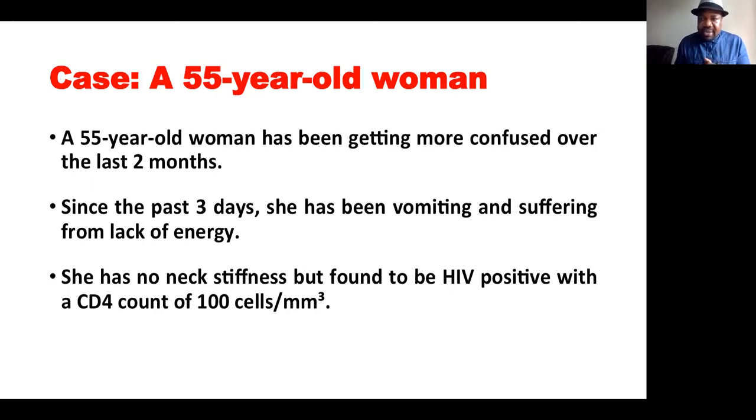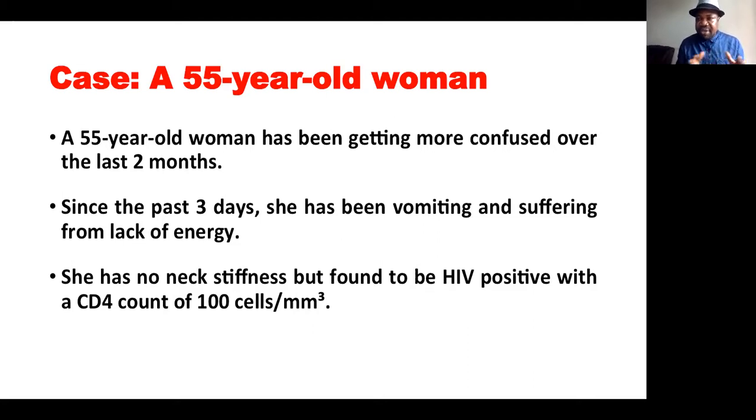The other key information here is that this patient is immunocompromised. She is HIV positive with a CD4 count of 100. So this tells you that this is highly likely to be a chronic meningitis.